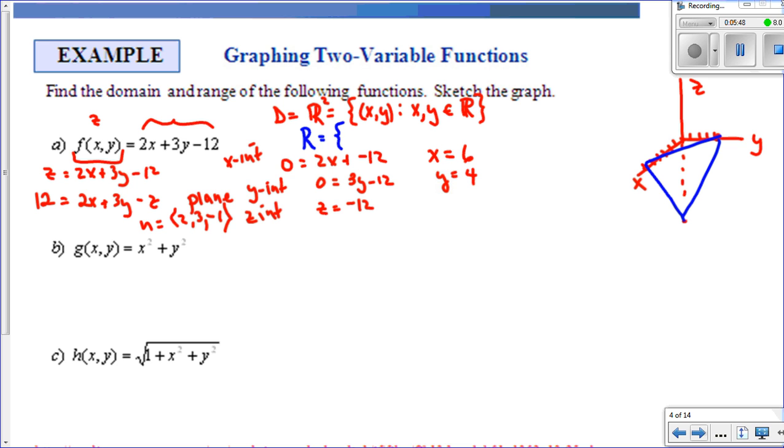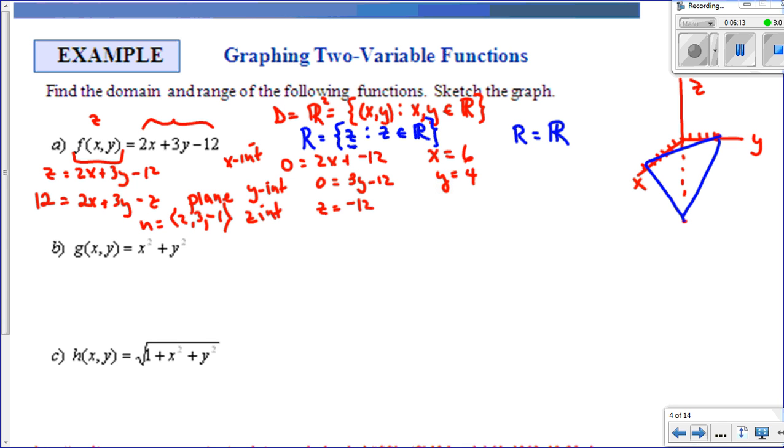So we'd say it's the set of all real numbers z, and you can use any letter here. It doesn't matter if it's z or x or y. This is just emphasizing that it's a single number. So the range is the set of all z such that z is a real number. That means all the possible real numbers, or you could just say the range is the real numbers.